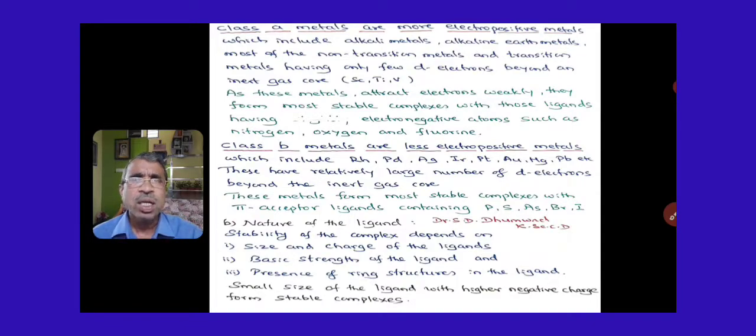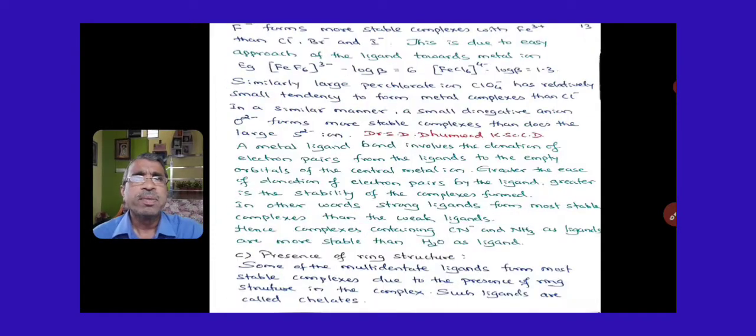Small size of the ligand with higher negative charge form stable complexes. For example, the fluoride ion forms more stable complexes with Fe3+ than the chloride, bromide or iodide ions. This is due to easy approach of the ligand towards the metal ion.